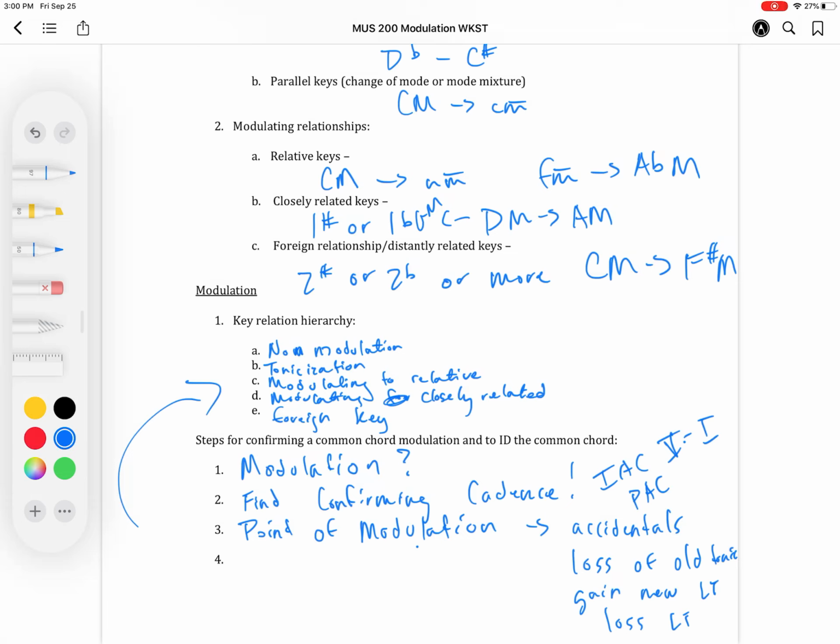Gaining of new tonic pitch, gaining of notes that belong to our new key. So any of those types of accidentals. Usually a leading tone is a really, really good indicator that we are moving into a new key, right? So look for that.